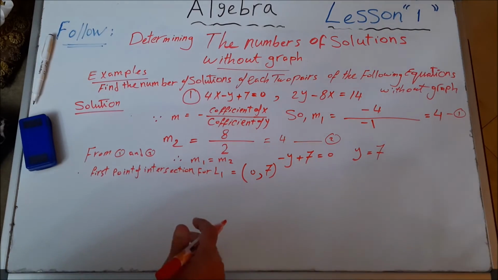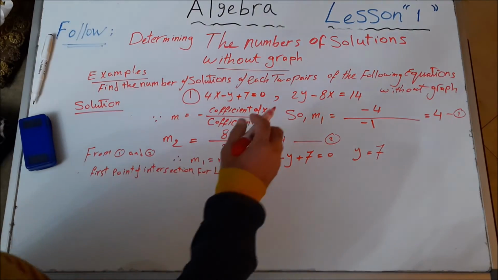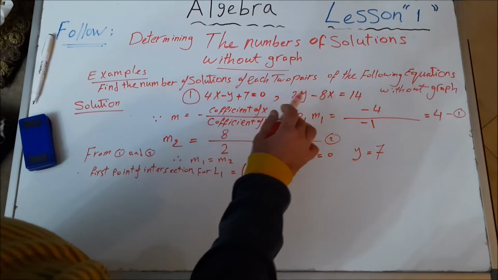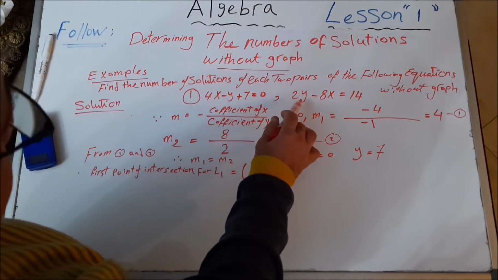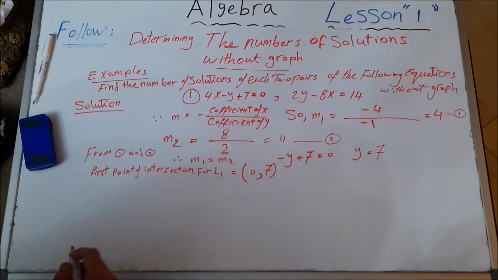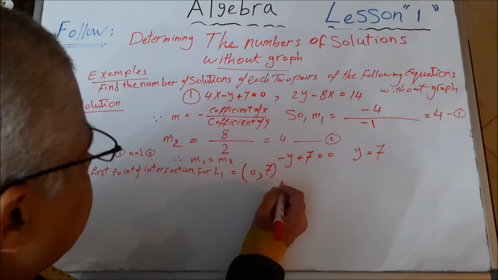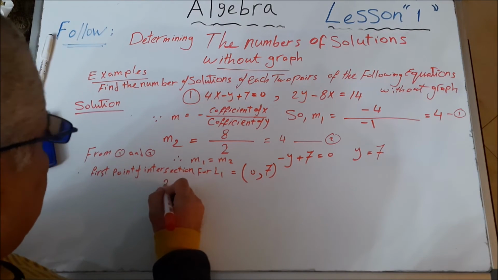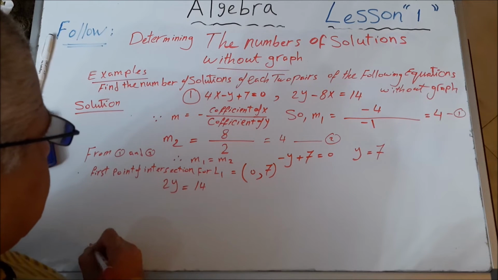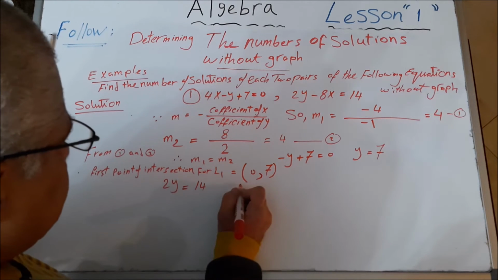After that, the same we can do in the second equation. Put x equals 0 to find the point of intersection with the y-axis. When we put x equals 0 in the equation number 2, 2y equal 14.